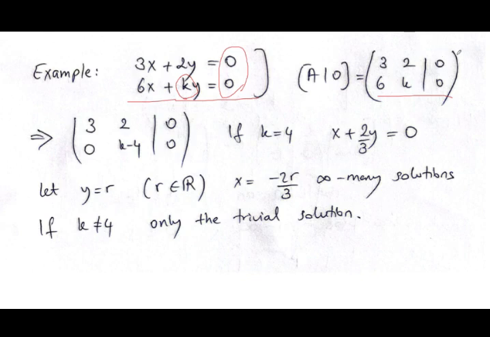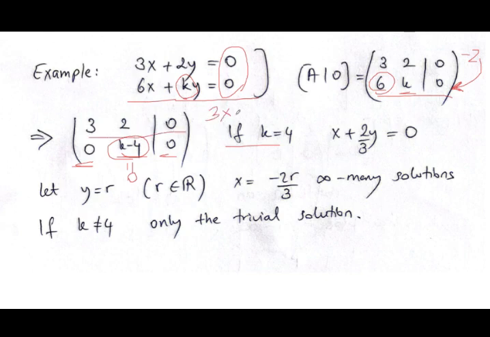And we have 3, 2, 6k. And I can multiply the first row with minus 2 and add to the last row. So this will become 0 here. And then I will have k minus 4. And the right-hand side is also 0. So if k equals 4, then I just have effectively one equation in this problem: x plus 2 over 3 y equals 0.